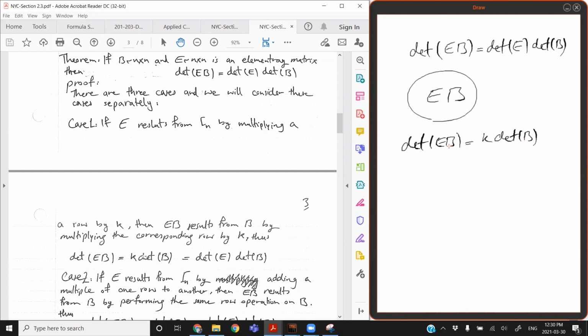Because this is the same as B, except where the first row has been multiplied by K. So you can factor out that K. You have K times determinant of B. However, we just learned that determinant of E in that case would also be K. So I can replace this K with determinant of E. And I have the result for the first type of elementary matrix, case 1. Is that clear?